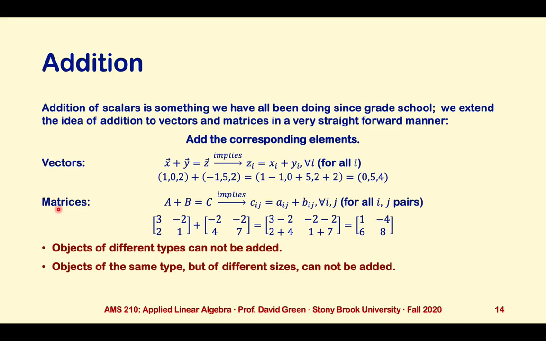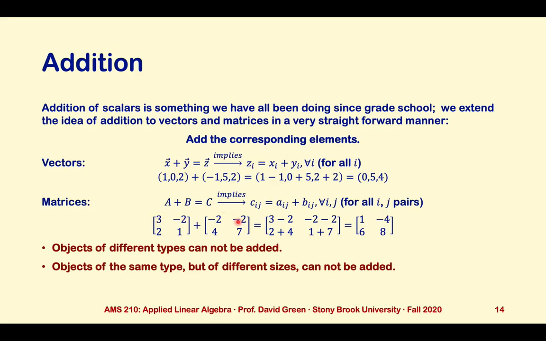Adding matrices has exactly the same rule. To add the matrix 3, negative 2, 2, 1, and the matrix negative 2, negative 2, 4, 7, we work with corresponding elements. 3 minus 2 is 1 for the 1, 1 element of the sum.